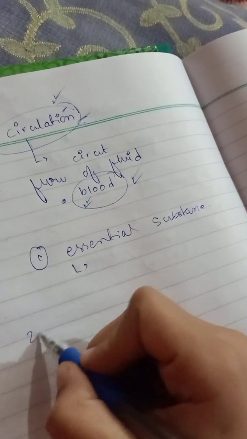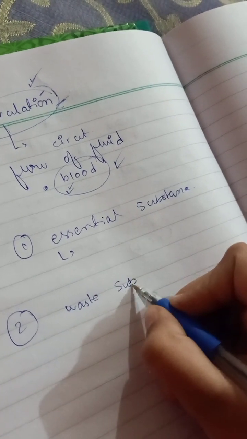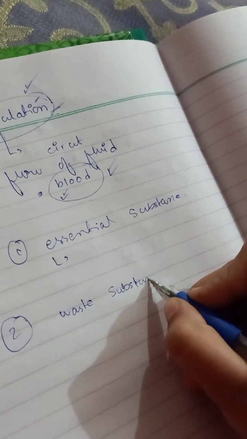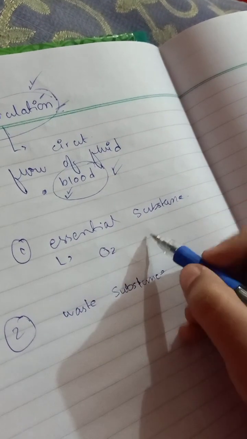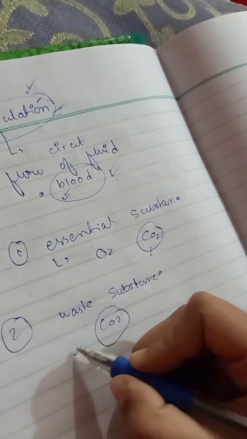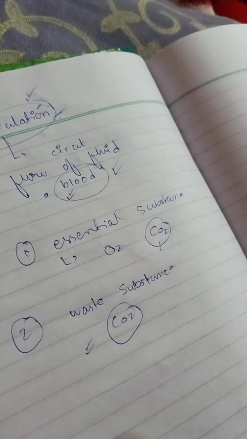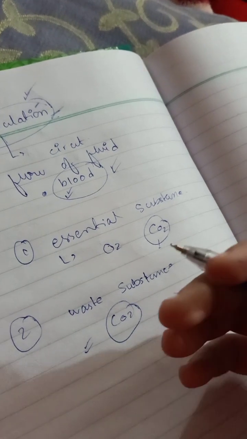The second one is waste substances. As you all know, we inhale oxygen and exhale carbon dioxide, so exhaling carbon dioxide is a waste substance. This is also a respiratory gas, which is eliminated by the blood.